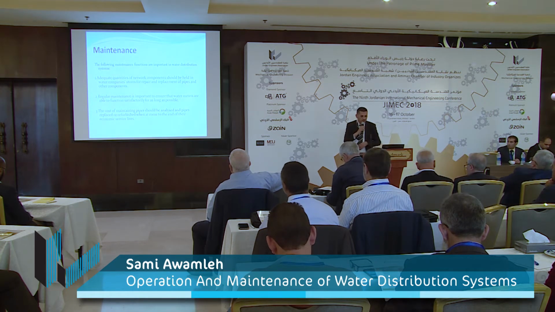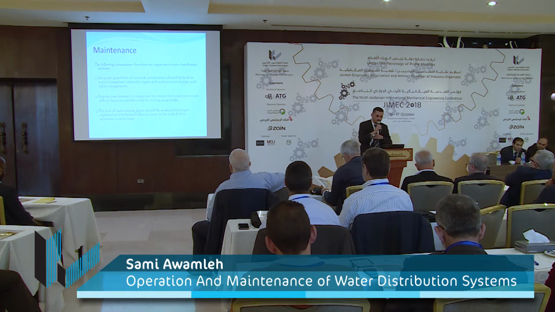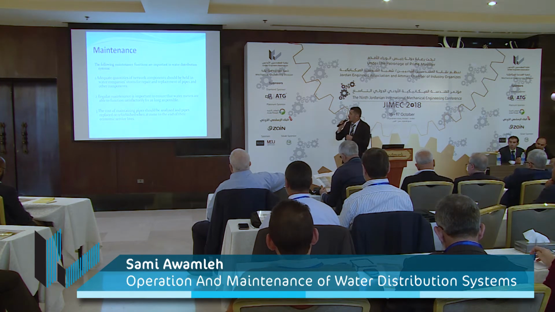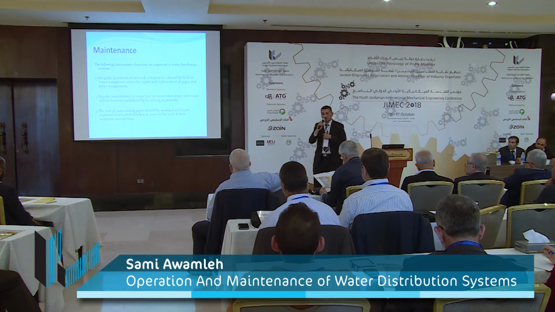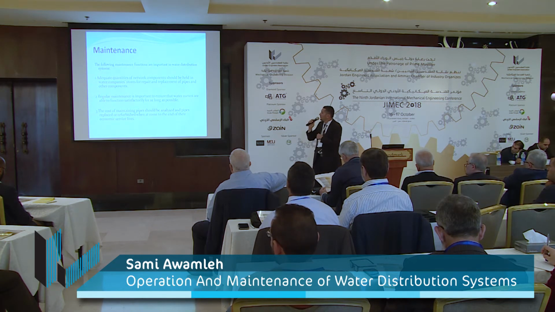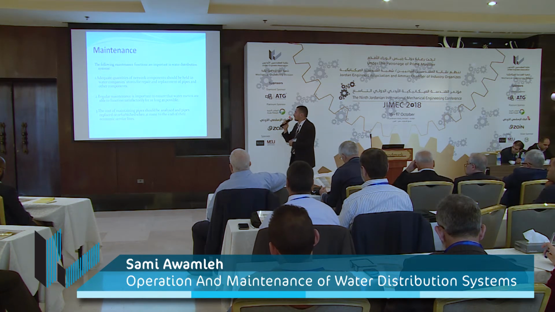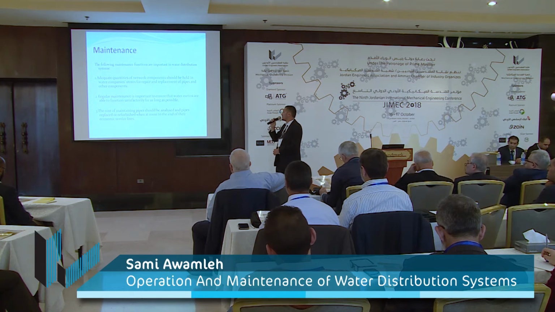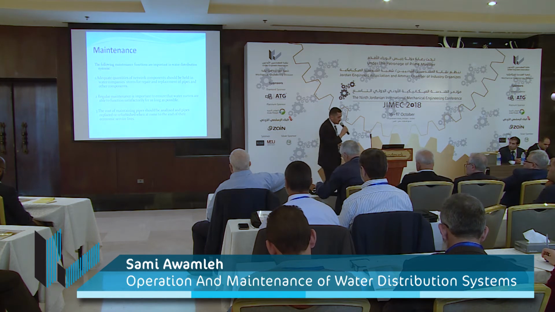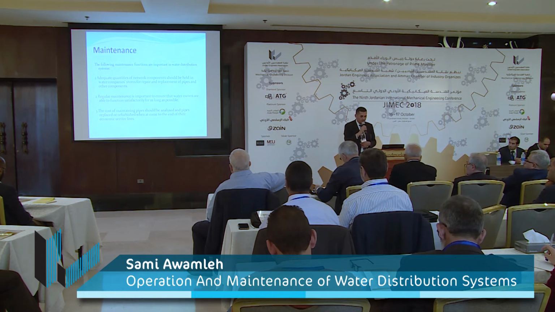Maintenance. The following maintenance functions are important in a water distribution system. Adequate quantities of network components should be held in the stores for repairs and replacement. We should know our material in our store, what fittings and what pipes we have.